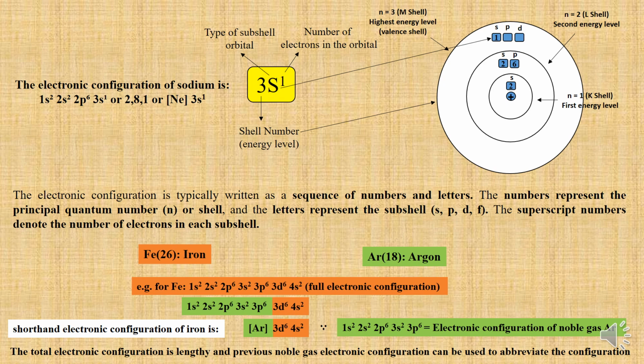Now we have abbreviated the configuration using the noble gas argon, where we have mentioned the noble gas argon symbol within the square brackets, and thereby we have simplified the lengthy electronic configuration of iron. And finally, we end up with the shorthand electronic configuration of iron.